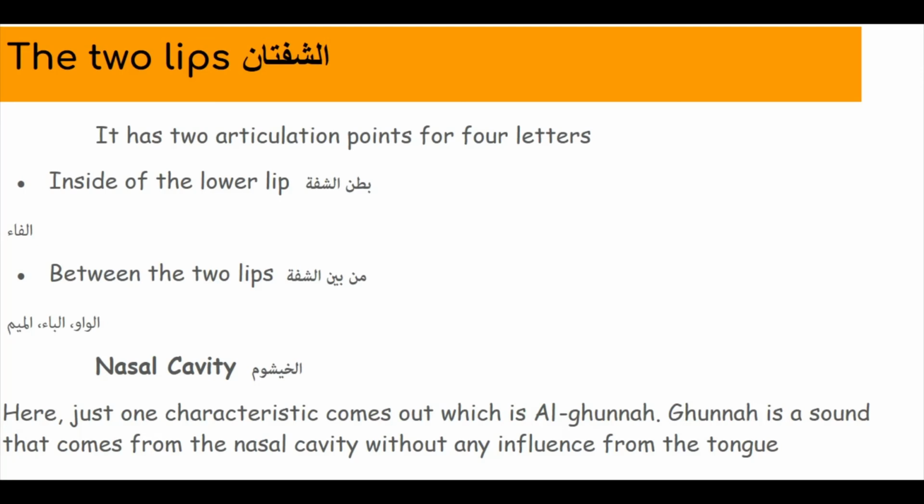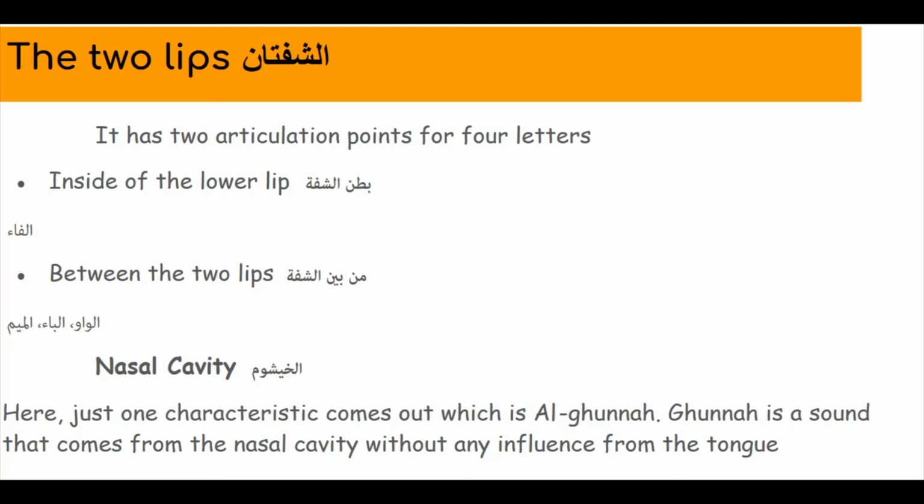It is formed from the two lips forming a circle without the two lips meeting completely, and that is where wa is coming out from. There is going to be a very little space in the circle of the mouth when pronouncing al-wa.